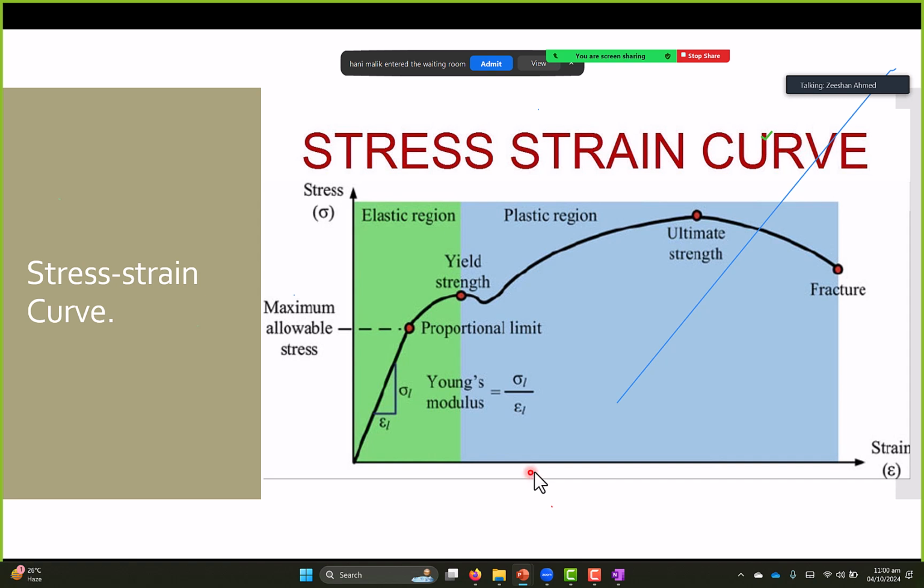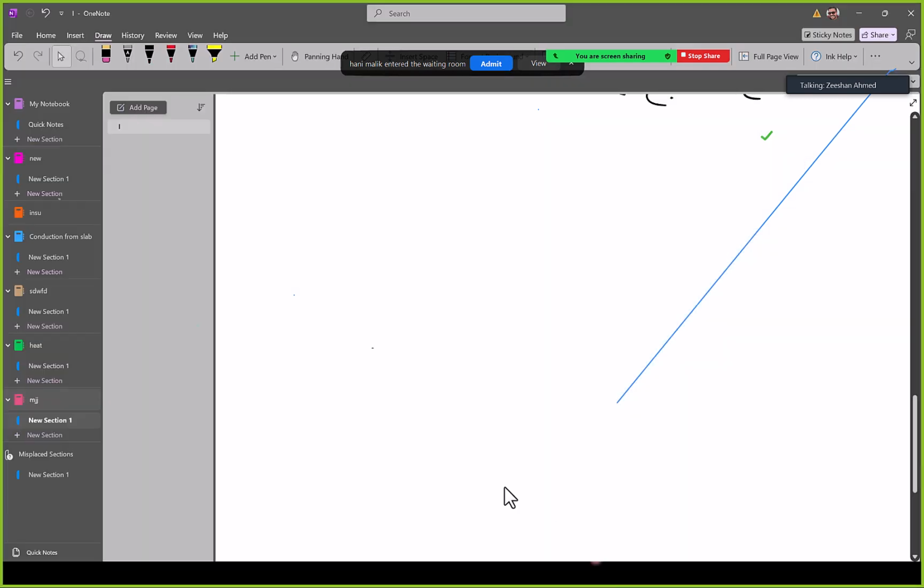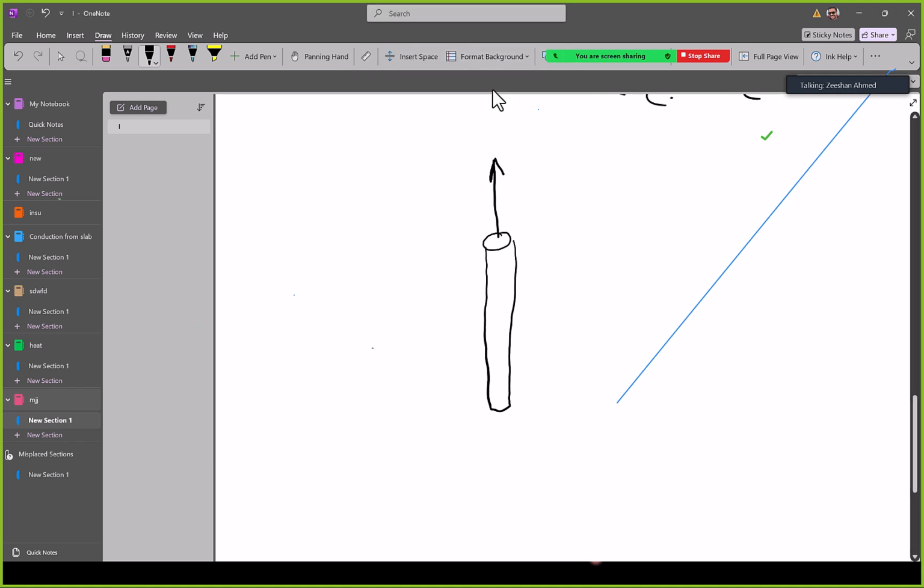On the x-axis, we have strain. On the y-axis, we have stress. So this was the bar in the machine, and this force is pulling it up, and this force is pulling it down.